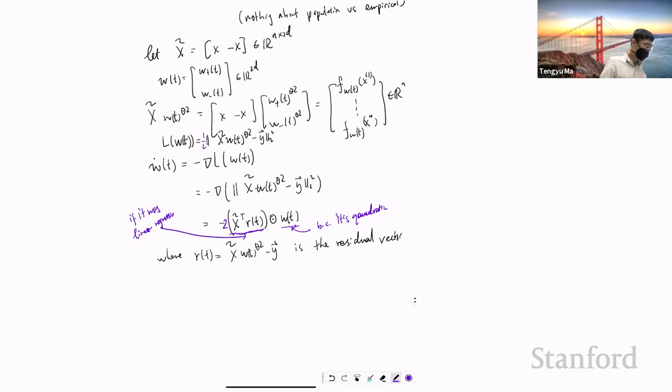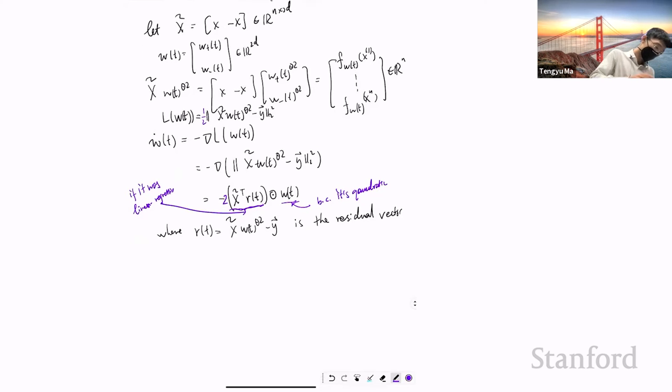But interestingly, you can get something without solving it exactly. So we claim that, actually, in the paper they just say it's easy to verify this, you can claim that W_t satisfies the following: this times exponential of minus 2 x tilde transpose integral from 0 to t of r_s ds.